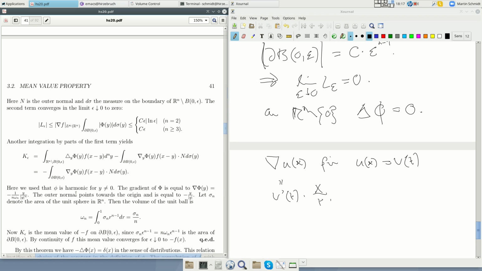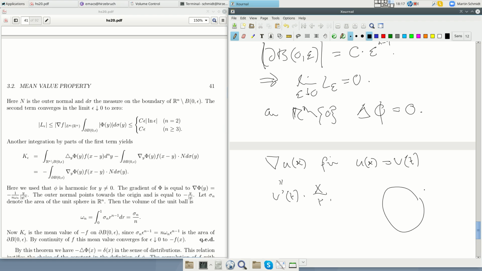Okay, the outer normal points outwards, so here we have the vector y. It's just a normal vector, y over the norm of y. But our domain sits outside, so the outer normal of the domain points inwards.